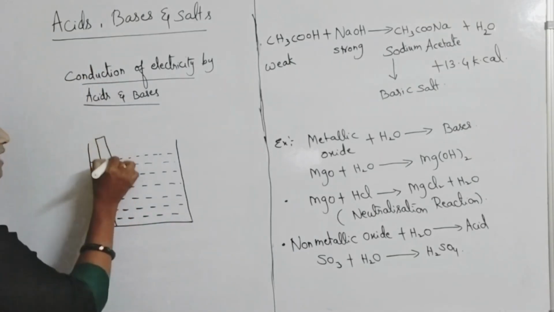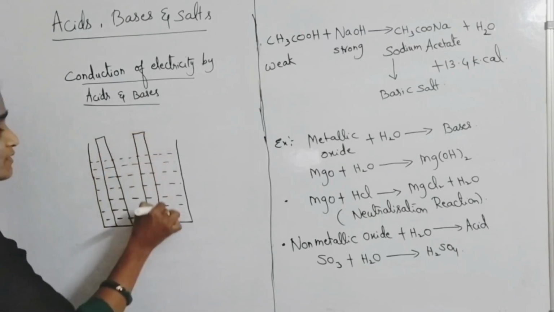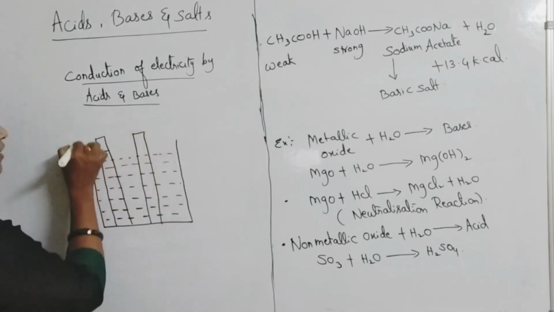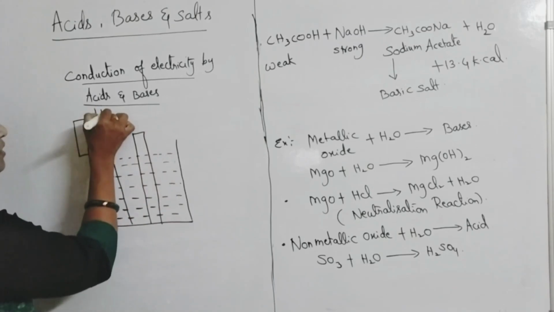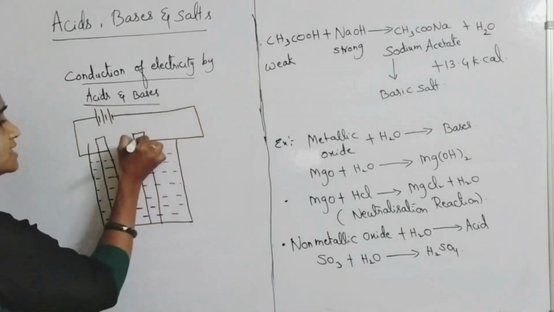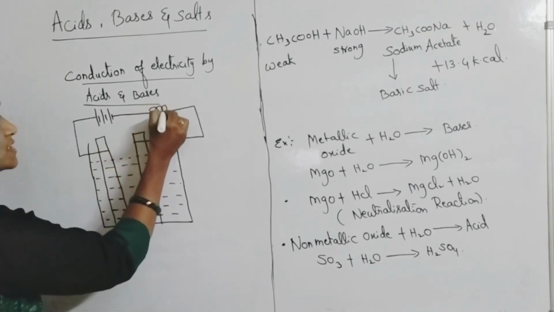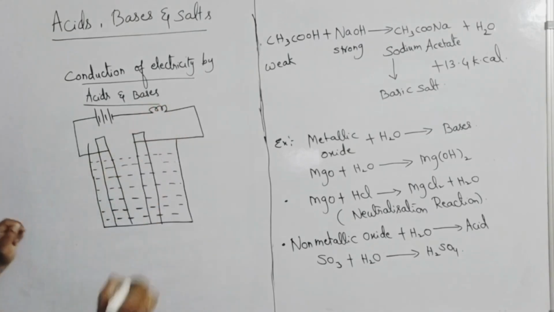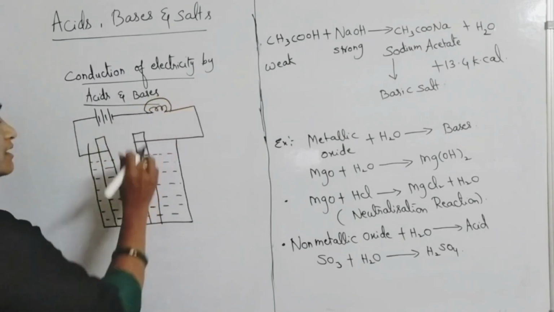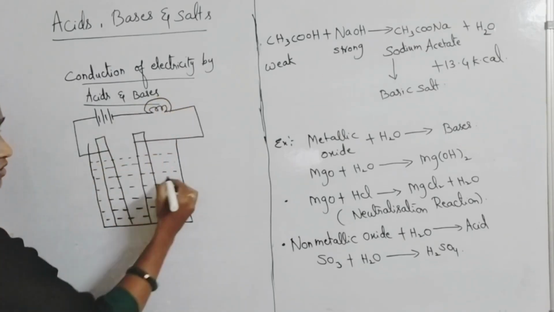When you perform the electrolysis process, you will take two metal plates, one a cathode and another an anode, which are connected to the terminals of a battery. You will also connect one bulb, so that you can identify whether the substance taken inside the beaker acts as an electrolyte or not.